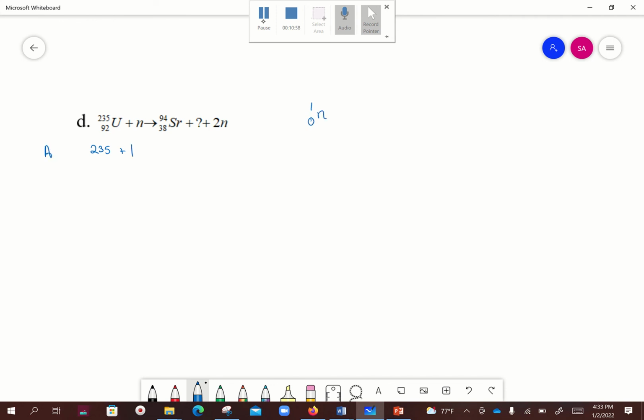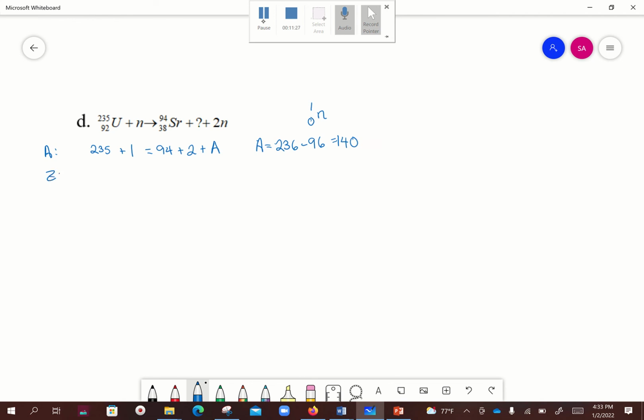Balancing my A's, this is equal to 94 plus 2 from 2 neutrons plus whatever it is for my unknown particle. So on the left side I've got 236, on the right side I've got 94 plus 2, which is 96. And so my A is 140.